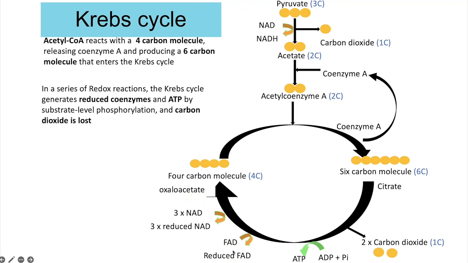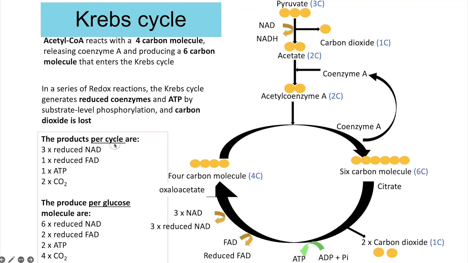They're picking up the hydrogen that's being released from the carbon compound. So we end up making lots of reduced coenzymes. We have 2 carbon dioxides that are going to be lost, and that's how we go from a 6 carbon back to a 4 carbon molecule. And then we also have 1 molecule of ATP being produced at this stage.